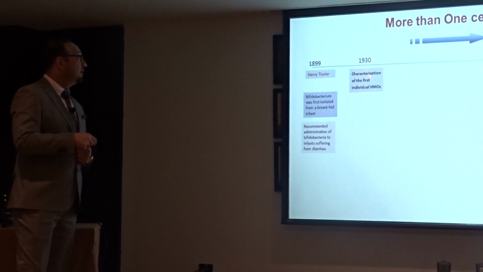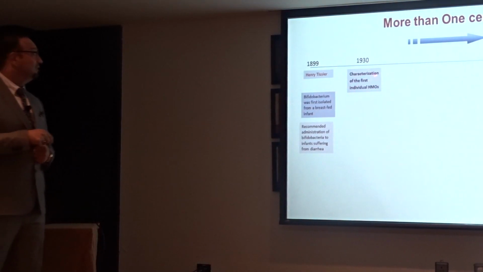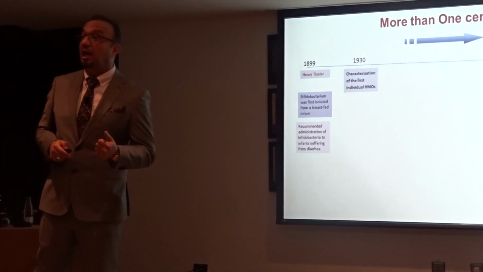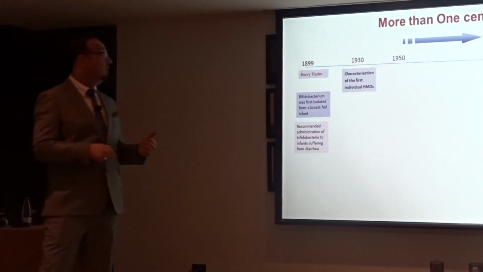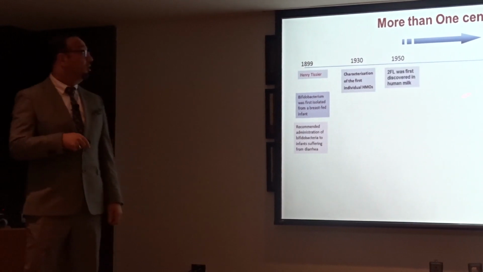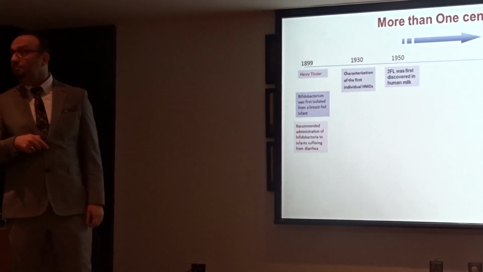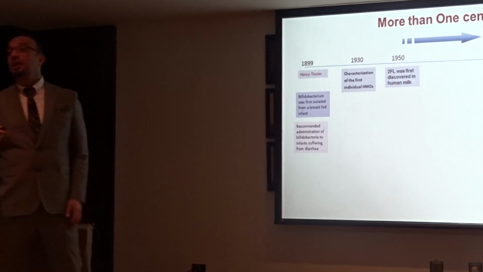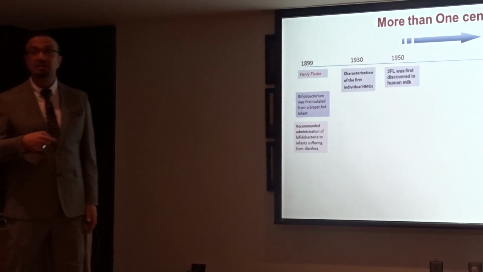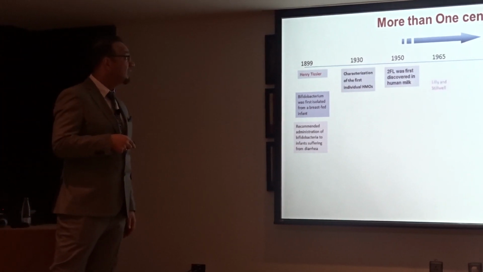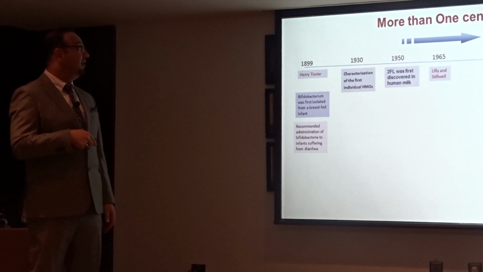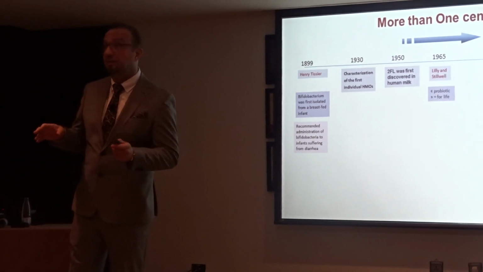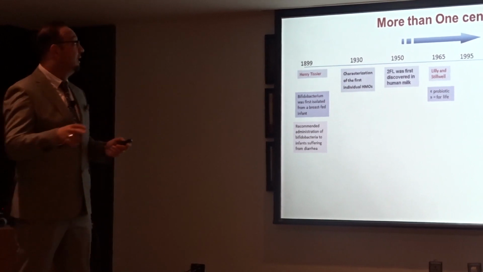Then in 1930, the characterization of the first individual HMO was described, and in 1950, the 2FL structure was discovered. The 2FL, our guest today, which I am going to talk about, was initially identified in 1950. In 1965, Lilly and Stillwell gave a definition of a probiotic, and we will see later what a probiotic is.